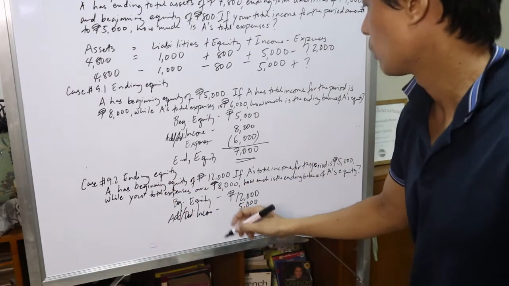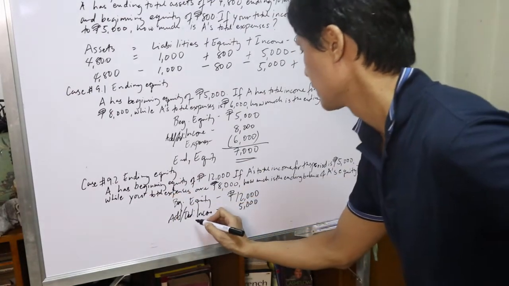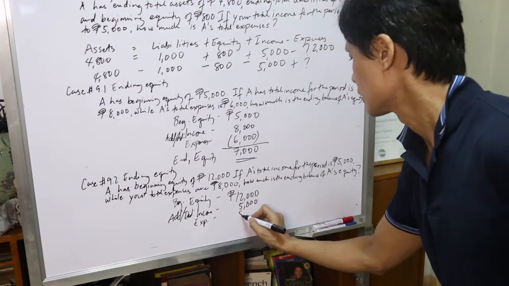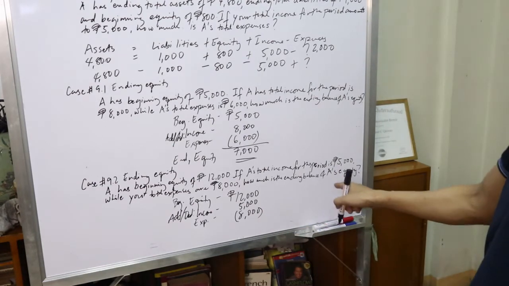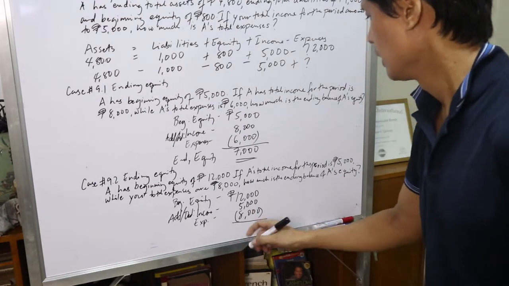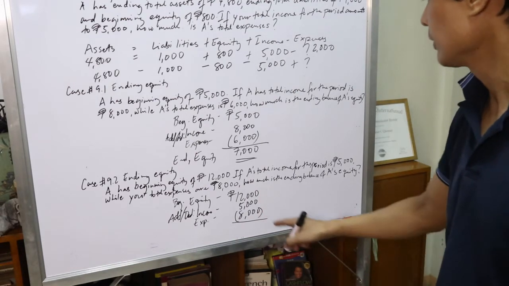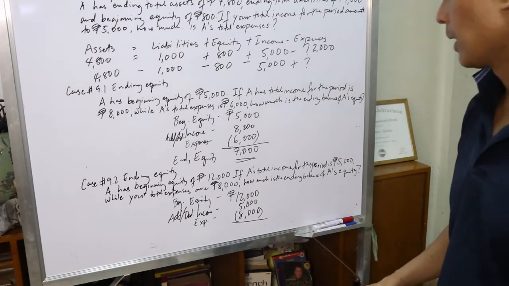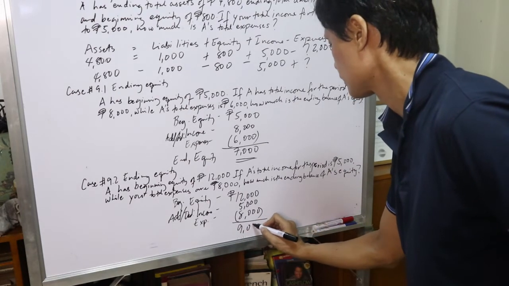While A's total expenses is 8,000, so lagyan natin parenthesis. How much is the ending balance of A's equity? So ganun rin, 12,000 plus 5,000, that would be 17,000 less 8,000, that would be 9,000.